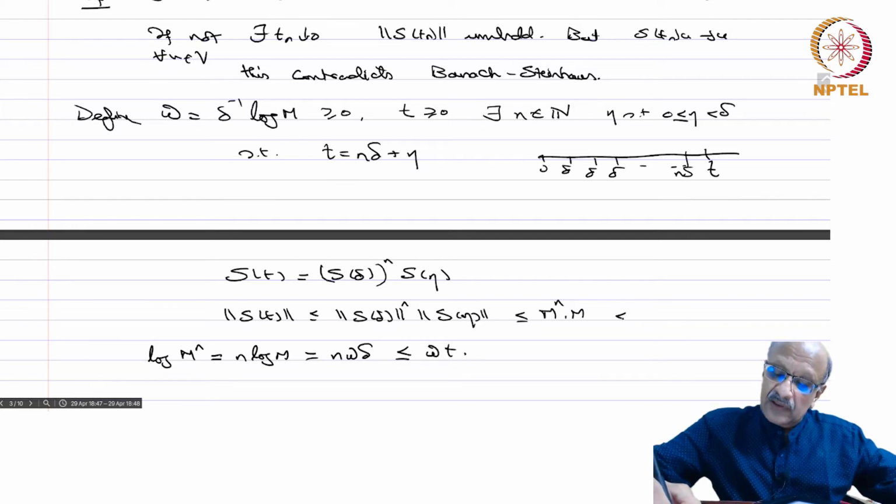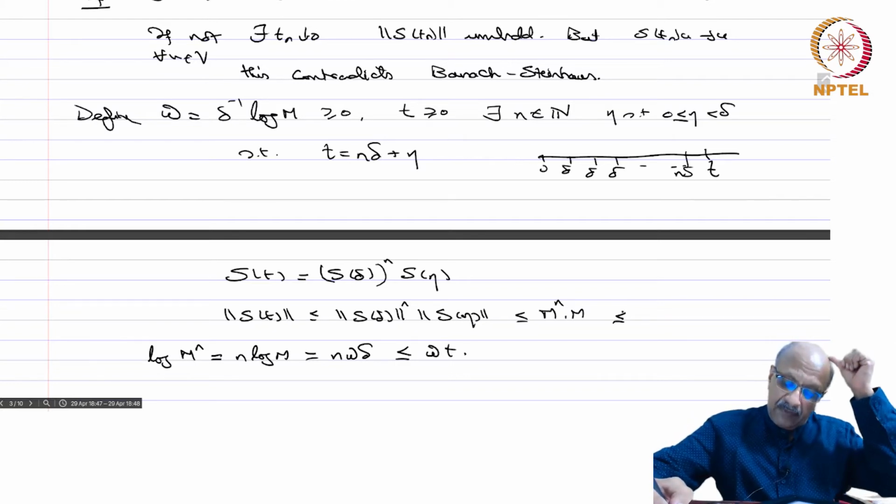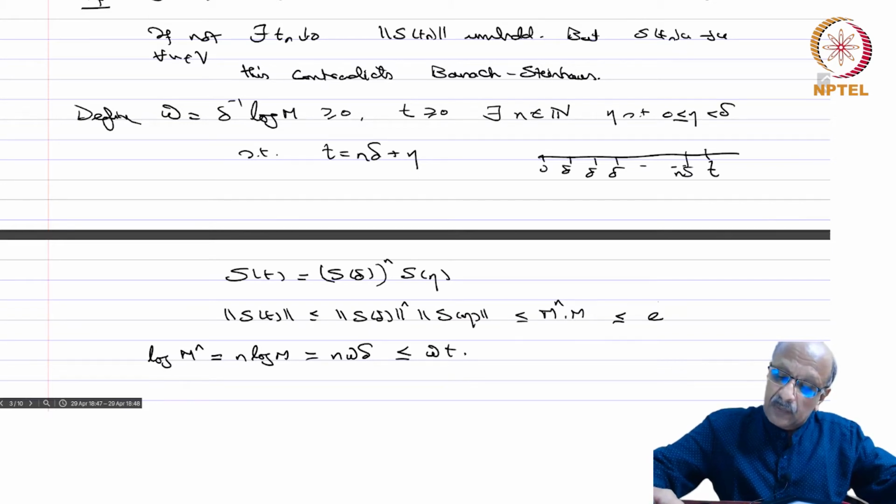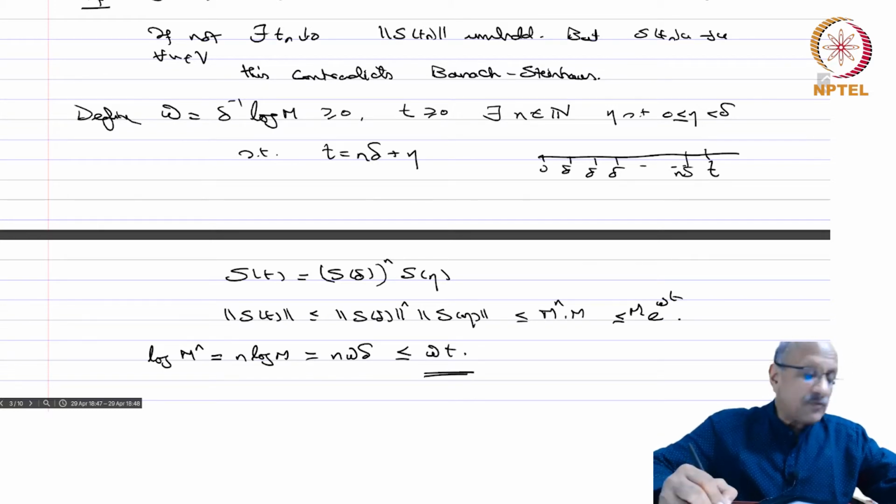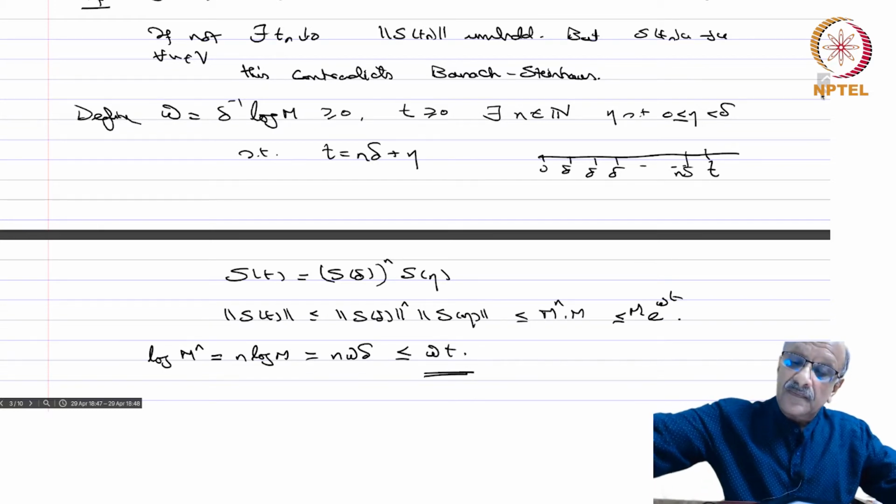Okay. So, this is log M power n less than or equal to omega t. So, M power n is less than or equal to e power omega t. Okay. So, therefore, this proves the theorem.